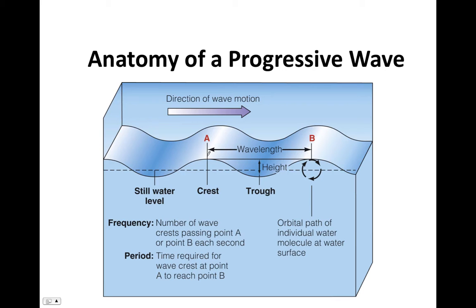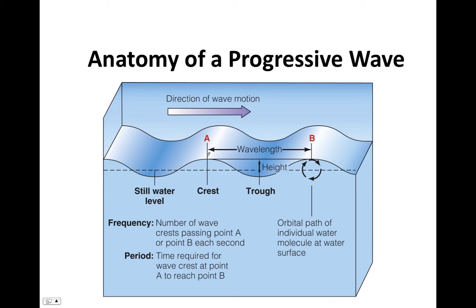If 2 waves pass by every second, it would have a frequency of 2 waves per second, or 2 hertz. If 1 wave passes by every 2 seconds, that means for every 1 second, half of a wave passes by, and the wave would have a frequency of 1/2 wave per second, or 0.5 hertz.